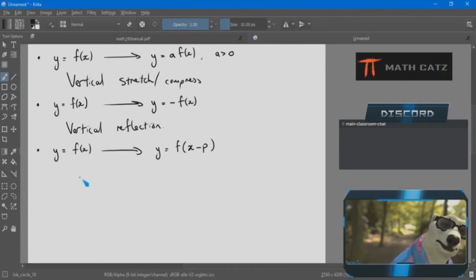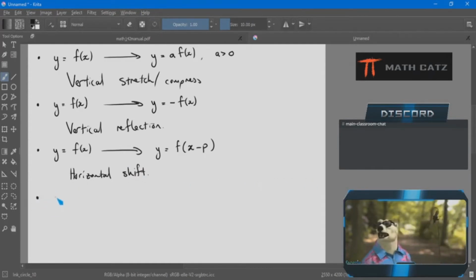And whenever I do a replacement transformation on the function, the graph effect is going to be a horizontal one. In this case, I'll call it a horizontal shift. Fancy word is translation. Doesn't matter. It's moving horizontally. The shape is the same. We're just shifting it horizontally.